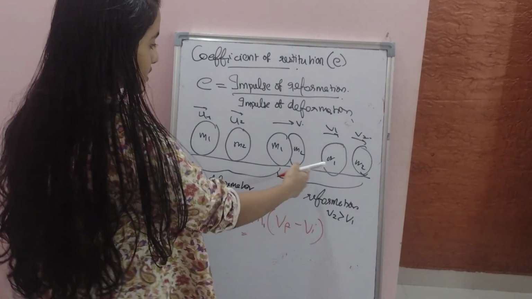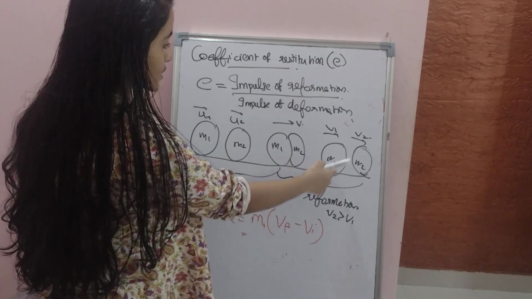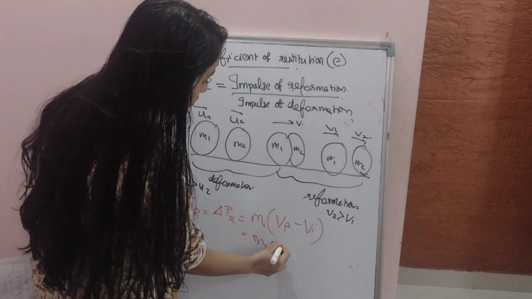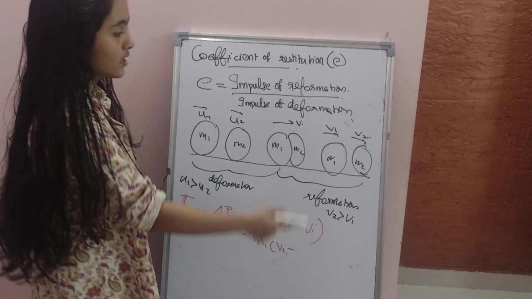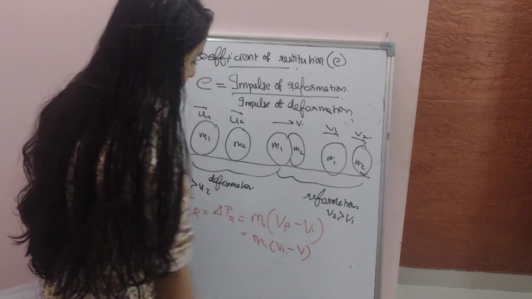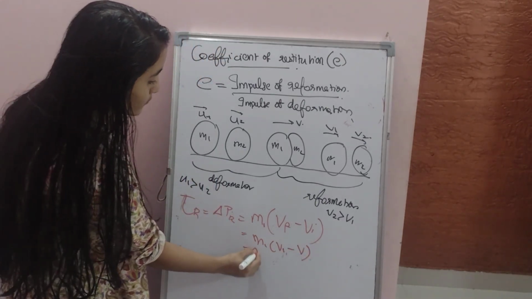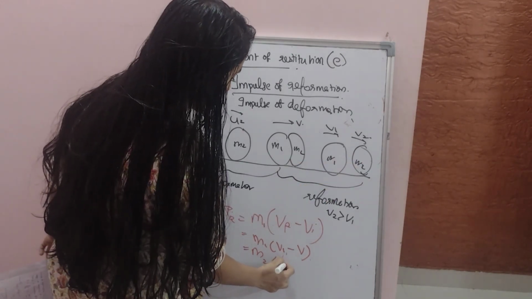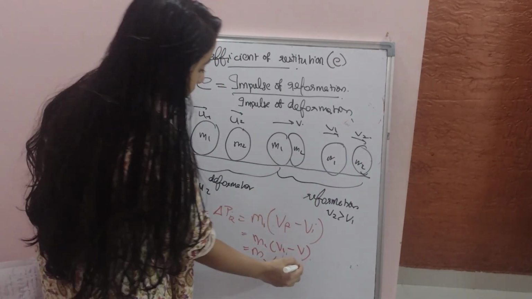The final velocity of m1 is v1, so m1 into v1 minus initial velocity of m1, which was v. If we take m2, the final velocity of m2 is v2, and the initial velocity of m2 is v.